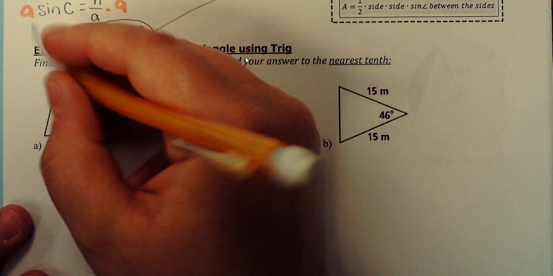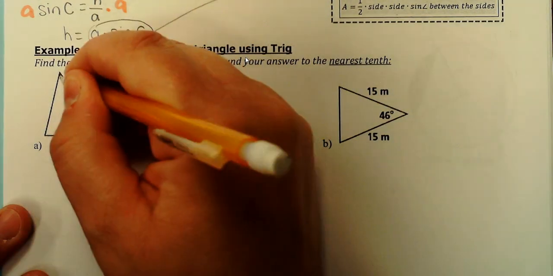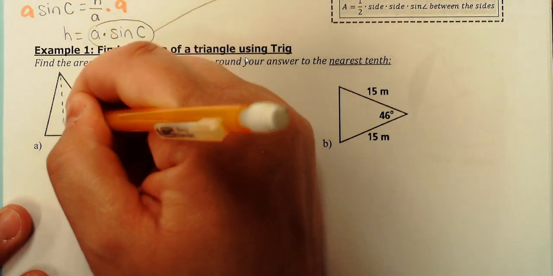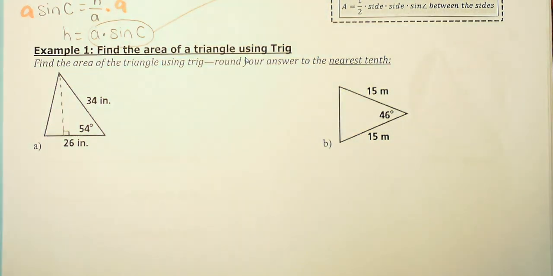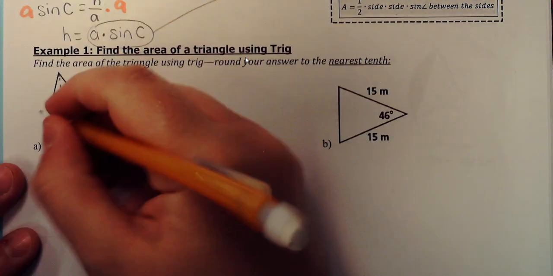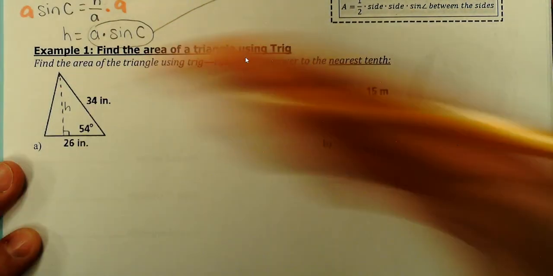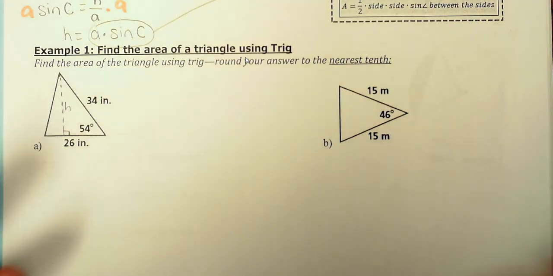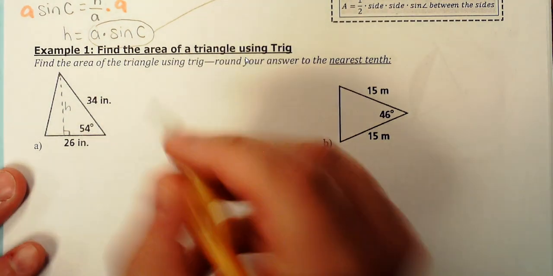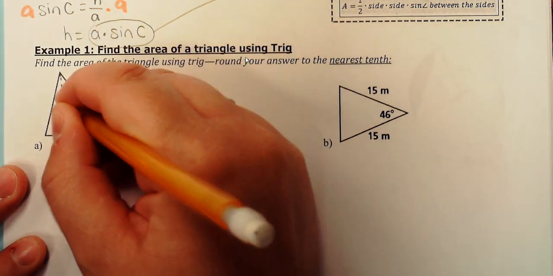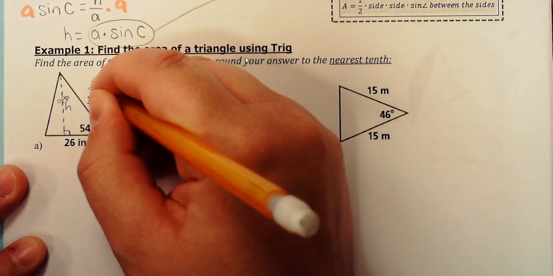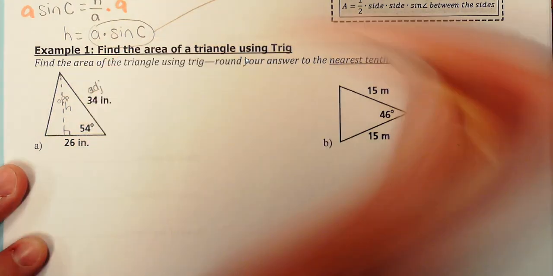So I'll do one where I'm going to actually drop a height here. So I know these two sides, 26 and 34, and I know this angle, 54. So let me just put an H for the height there. If I wanted to find the height there, what I would do, this 54, the height would be the opposite, the 34 would be the hypotenuse.